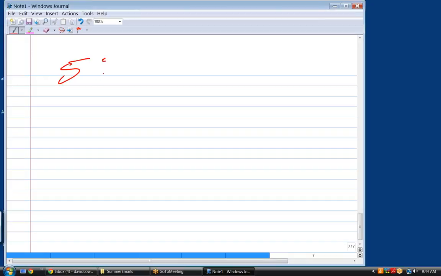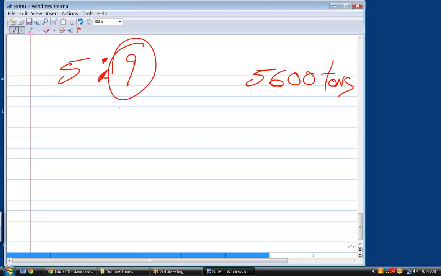So the ratio is 5 to 9, and incidentally, that's the same as this. Whether we write it horizontally with dots or as a fraction. The total weight of the ships is 5,600 tons.